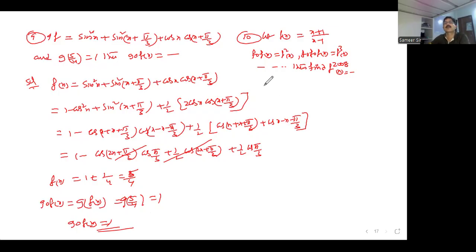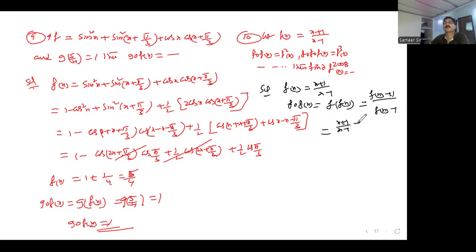Okay, the question is given like this. f of x is equal to x plus 1 by x minus 1. f circle f of x means how much? f of f of x, let us find out what is going to happen. So f of x plus 1 by f of x minus 1, that is x plus 1 by x minus 1 plus 1 by x plus 1 by x minus 1 minus 1.